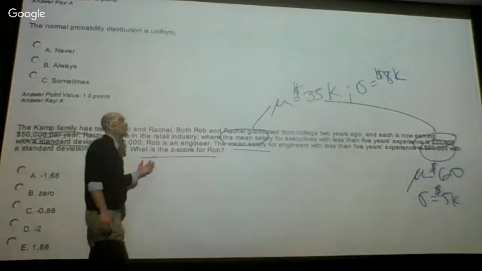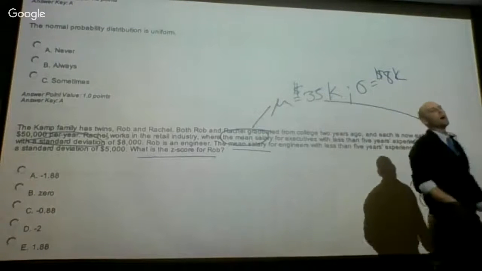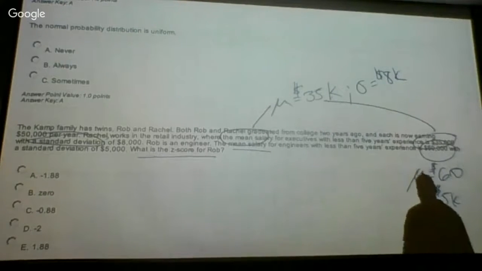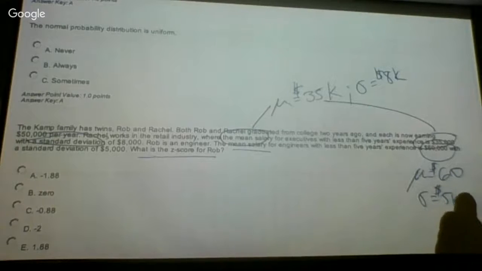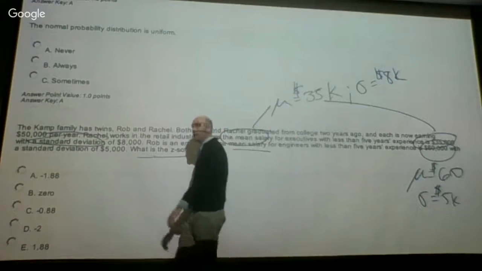But in a context like this, where I haven't told you, I sampled 100 people in the engineering field, and I determined from that the standard deviation is 100 and the mean is 100,000. There's nothing in here at all about me taking a sample of anything. If there's nothing in here about me taking a sample, it's probably population level.